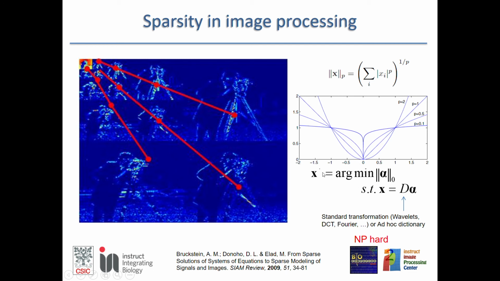that, for instance, I want to reconstruct a volume. So I want to reconstruct an x such that this x is made of very few coefficients in some space. This space can be defined by standard transformations like the wavelet transform, the Fourier transform, the discrete cosine transform, or they can be constructed with ad hoc dictionaries that are specifically built for this specific problem.